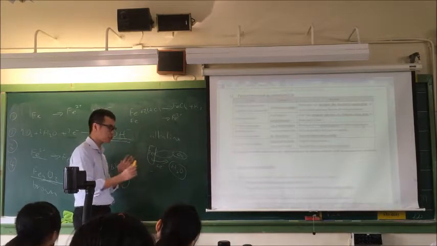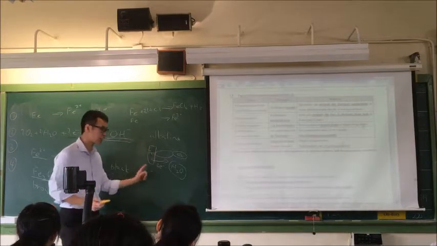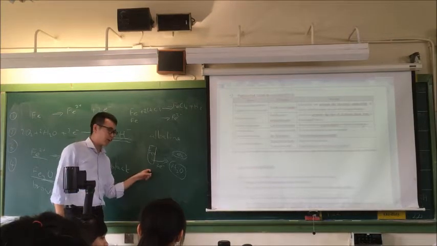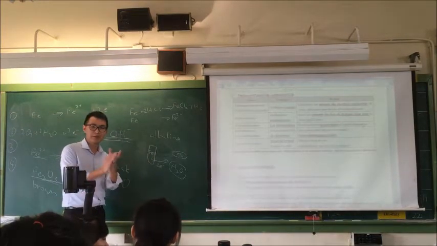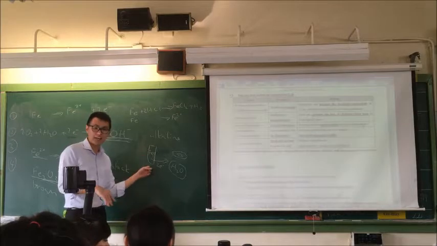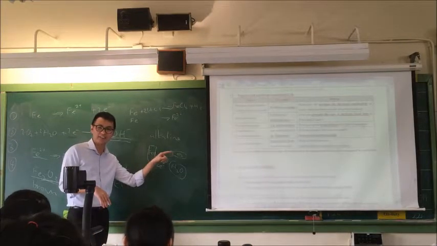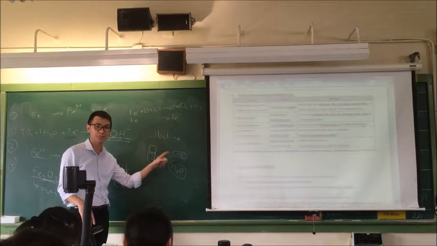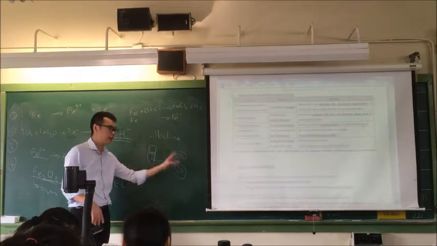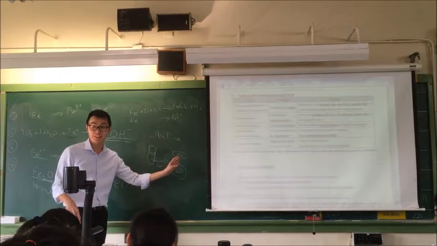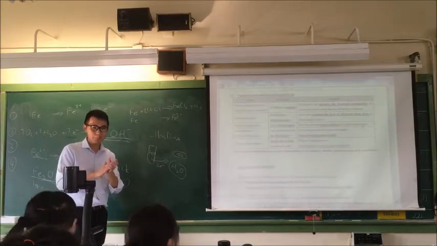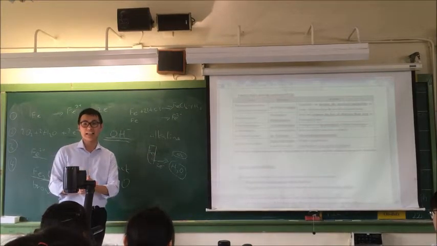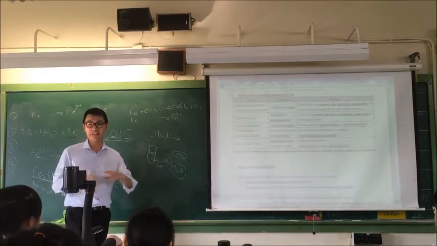Okay, so how to make the iron transfer the electron easier? Iron wants to transfer electron to oxygen and water. But oxygen and water, to be more accurate, pure oxygen and pure water cannot conduct electricity.